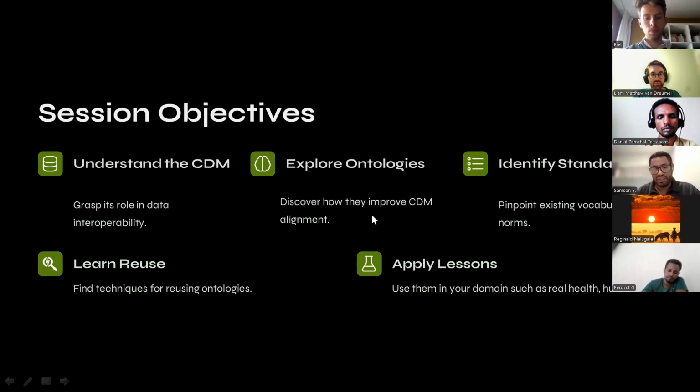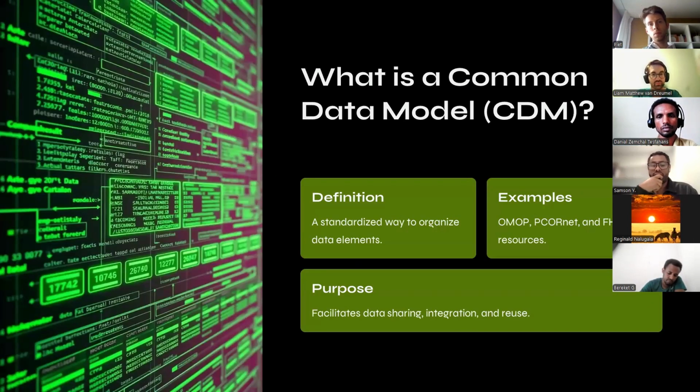Because we always need to think about machine readability and machine actionability also at the heart of this.